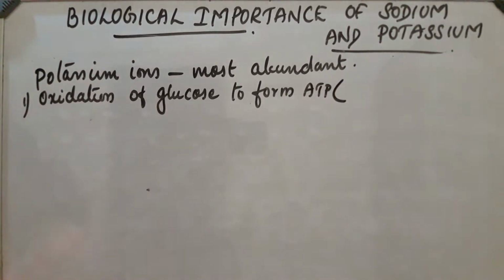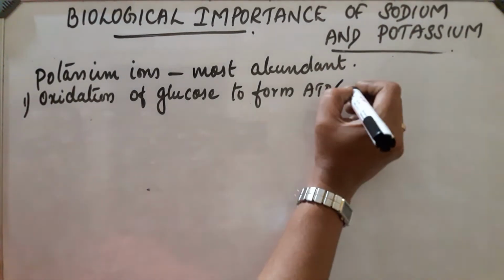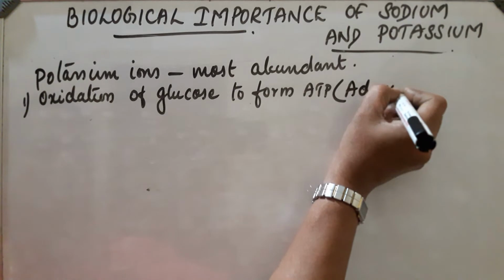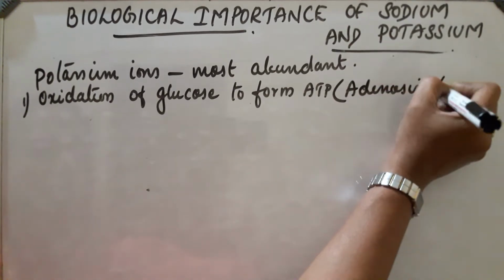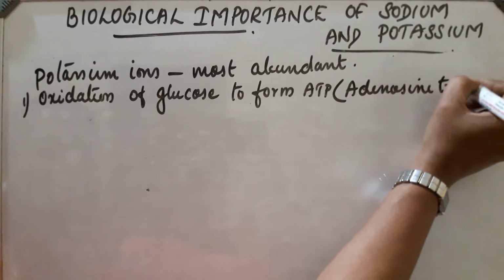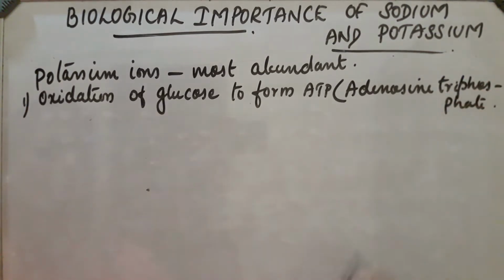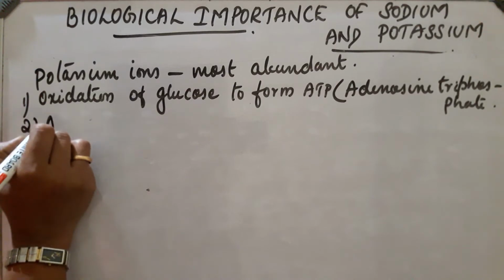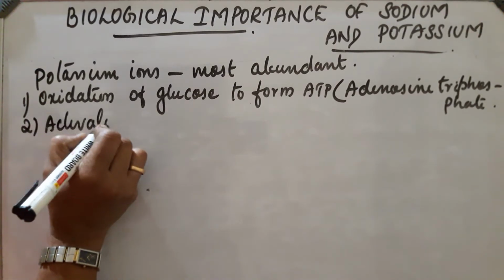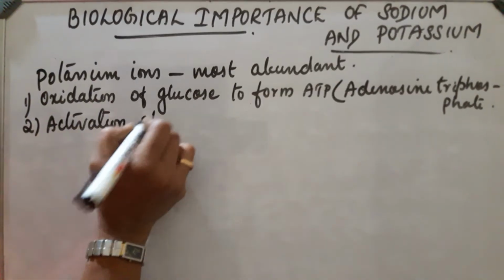What is ATP? ATP is adenosine triphosphate. So it is used for the oxidation of glucose to form ATP. Second, activation of enzymes.